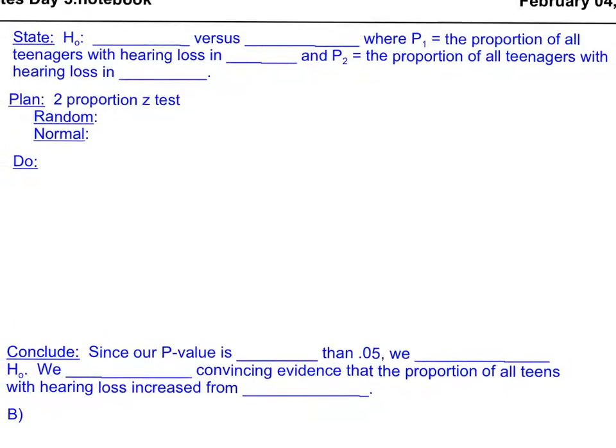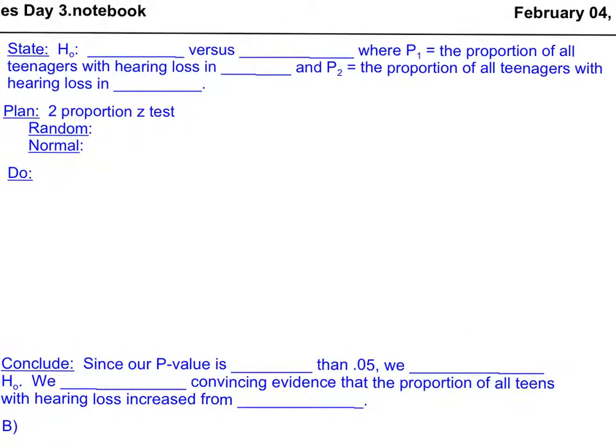So, here we go. All right, H0 is going to say that P1, actually, I'm going to go P2. Now the question did say that we are suspicious that rates of hearing loss have increased from 94 to 06.